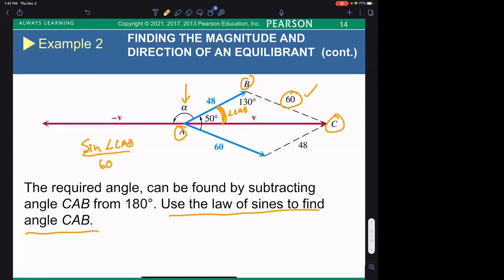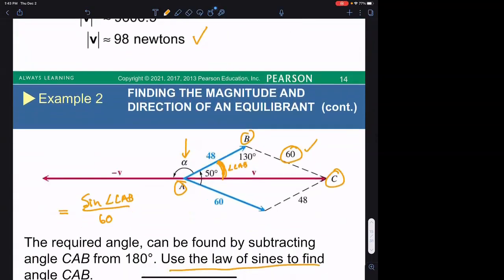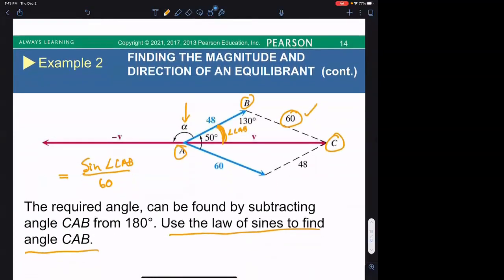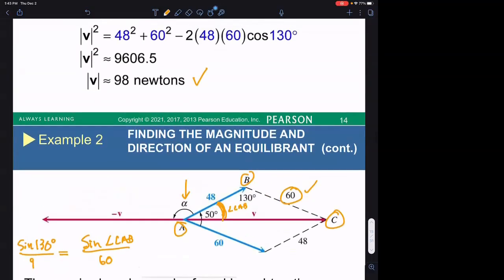So the sine of the angle divided by the opposite side, where we know the opposite side. And then we also know 130 degrees is an angle. And we know the length now of V, which was 98. So that would be then that the sine of 130 degrees is opposite V, and V is length 98.